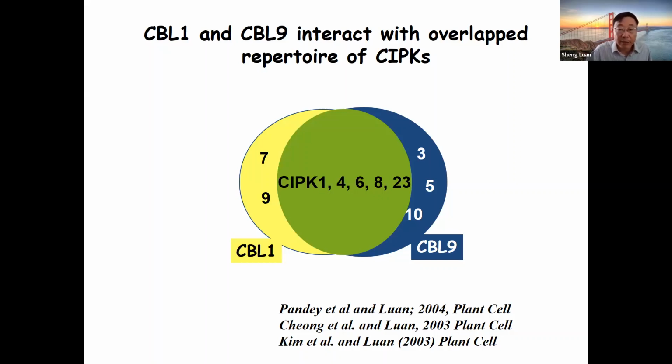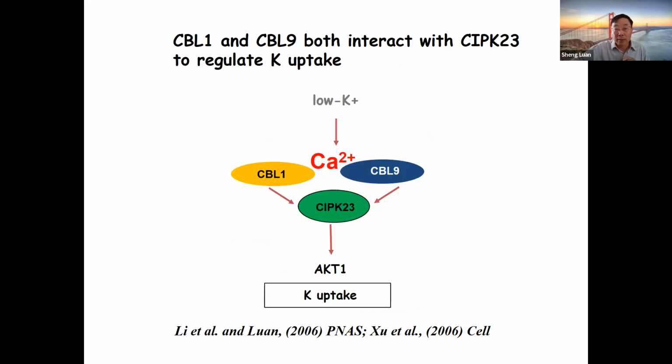That's predicted, expected, right? But we also found some new or specific CIPK interactors. Sure enough, the CBL1 and 9 single mutants also have some phenotype. That means they have specific functions going through specific CIPK targets, right? But I'm going to show you just the common function in the context of potassium homeostasis.